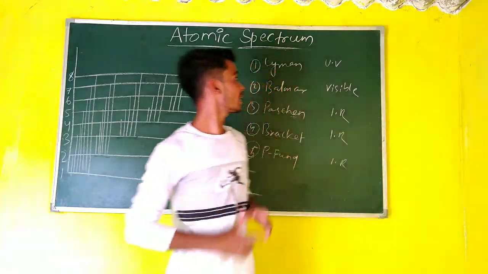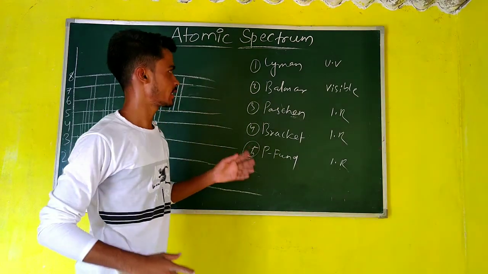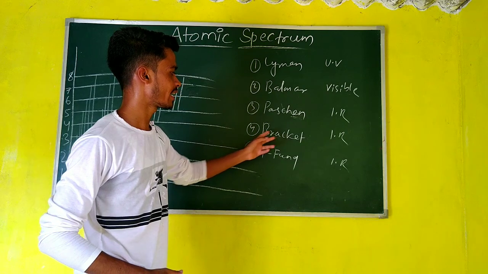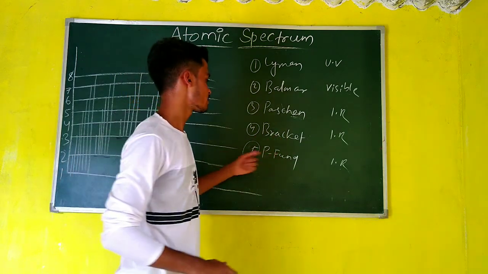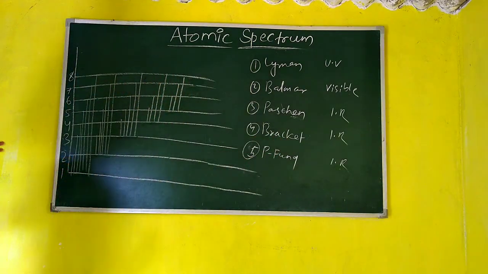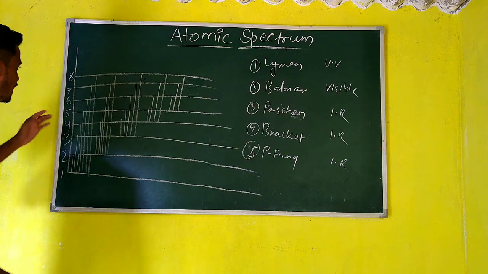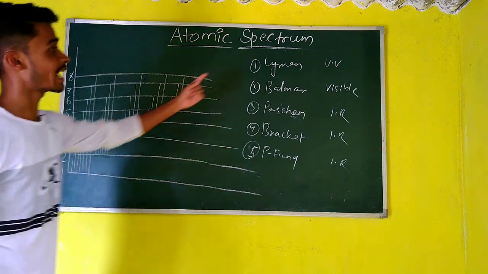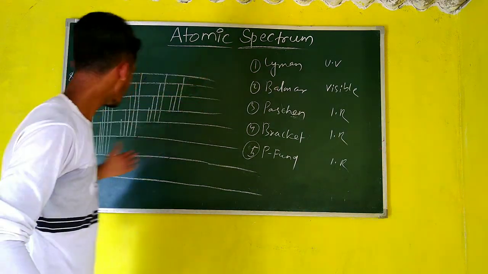Friends, there are 5 series present: Lyman series, Balmer series, Paschen series, Brackett series, and Pfund series. When electrons jump from any energy level to the first energy level, we call this the Lyman series.